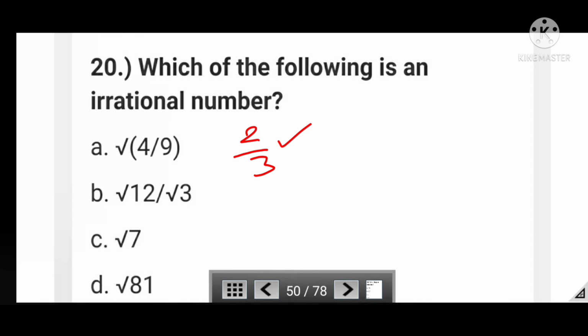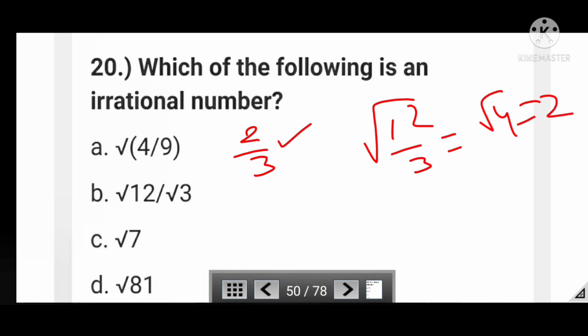These are rational numbers. Second is under root of 12 by 3, that is under root of 4, which is equal to 2, and that is also a rational number. Then under root of 81 is equal to 9. This is also a rational number, and the answer is option C. This is the irrational number.